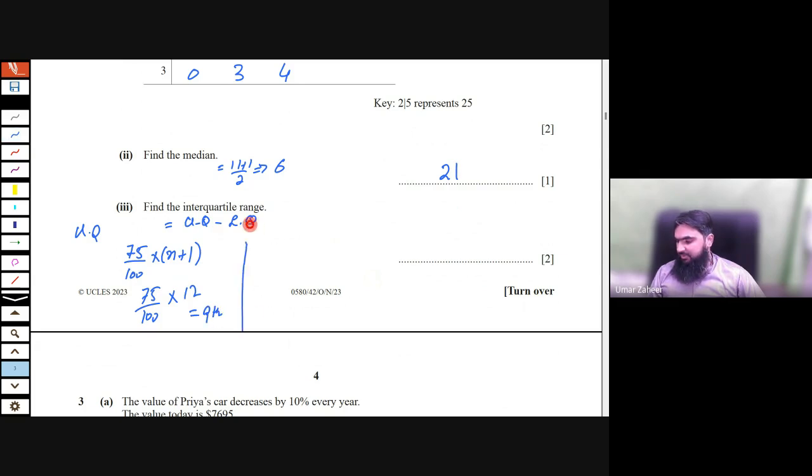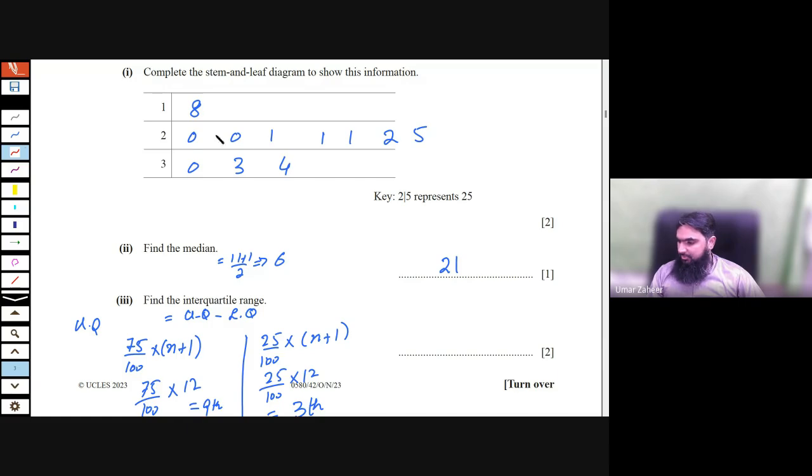In the same way, for the lower quartile, we have 25 divided by 100 times n plus 1, so 25 divided by 100 times 12. That will be 3, the third value. So 1, 2, 3, 4, 5, 6, 7, 8, 9. This is the ninth value, and this is the third value.